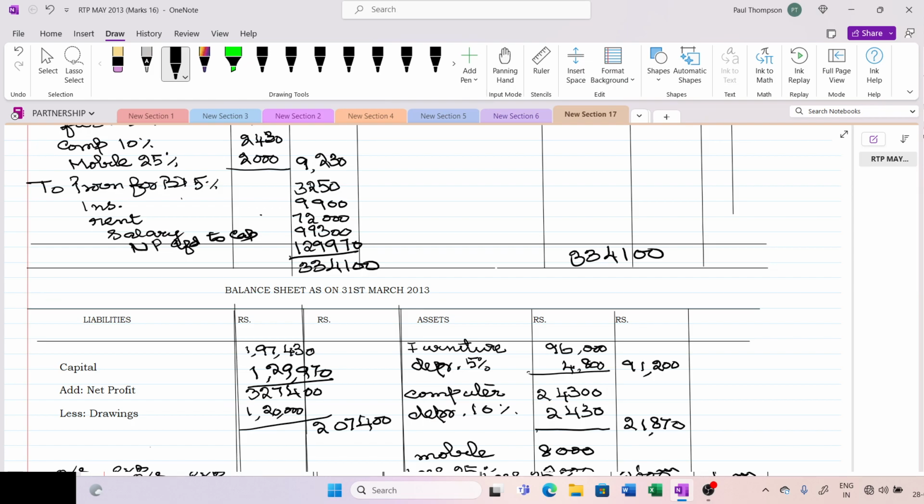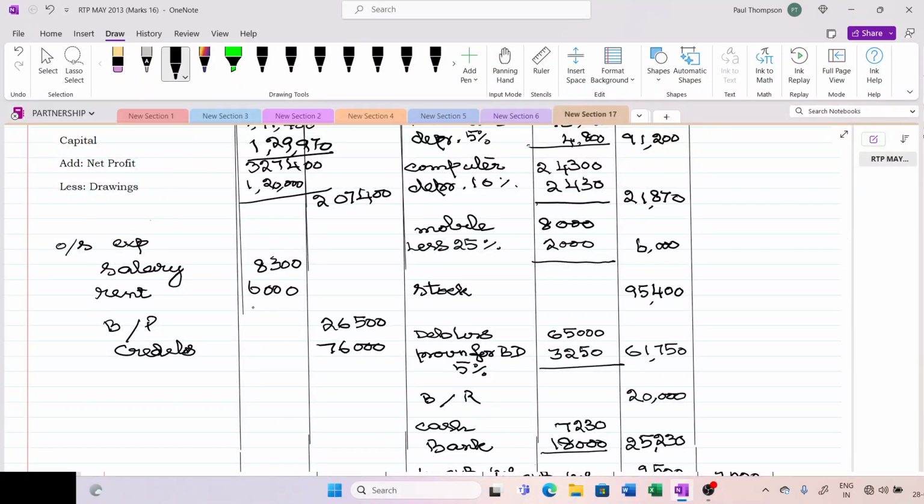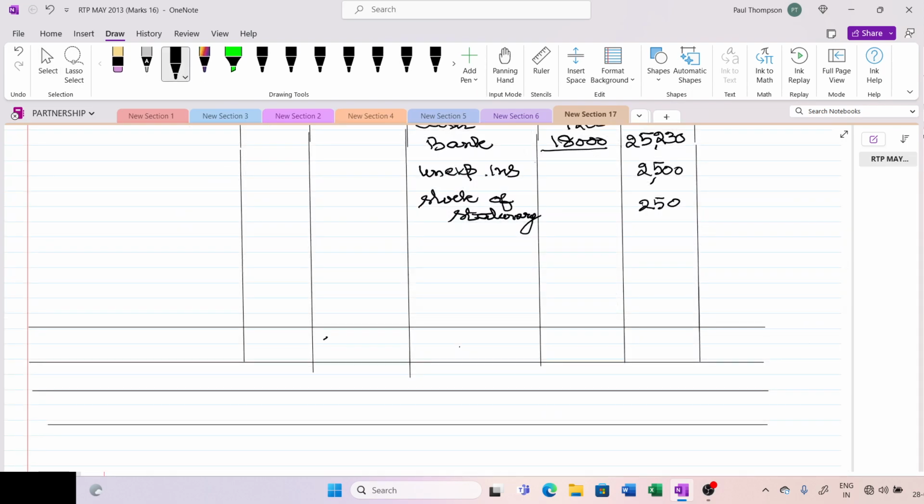Okay. Minus 120,000 is your 207,400. This total, outstanding 14,300 plus 14,300 plus 26,500 plus 76,000 gives a total of 324,200. This side total is 324,200.